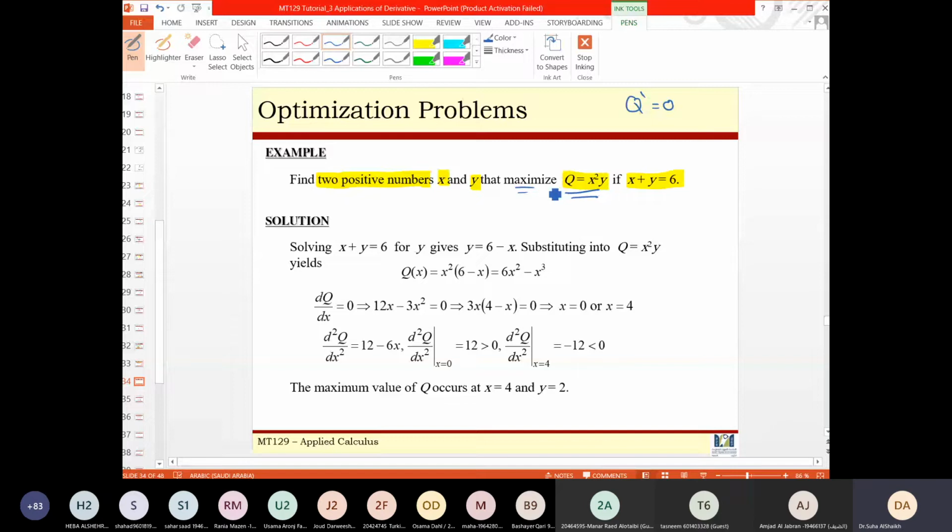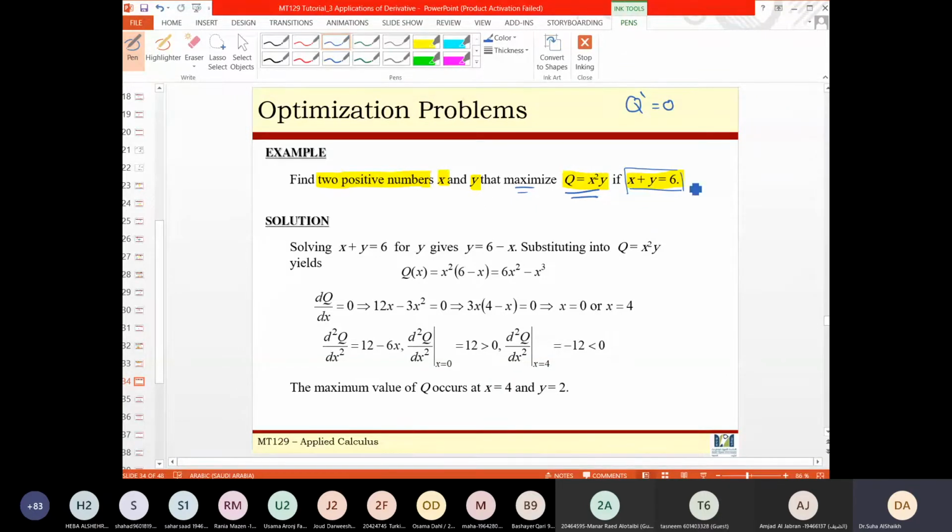Okay, so whenever they say maximize, minimize, يعني I have to find the derivative, let the derivative equal to 0, and get the points. الحين in this example, I have x and y, so this is why they give me the supportive equation. So the first equation is q equal to x squared y, the equation I want to maximize, and this is what we call the supportive equation, the equation that will help me to do this.